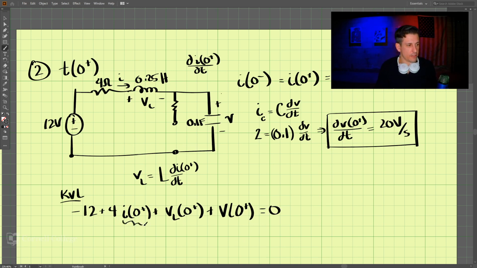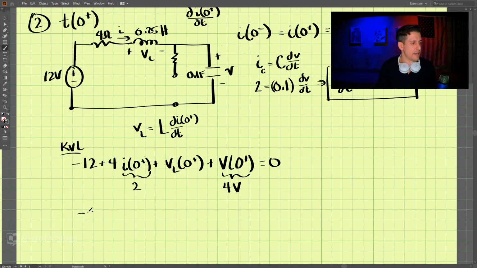Now, we know that this current here is 2, and we know this voltage from part A, and that voltage is, what's that, 4 volts? 4 volts.